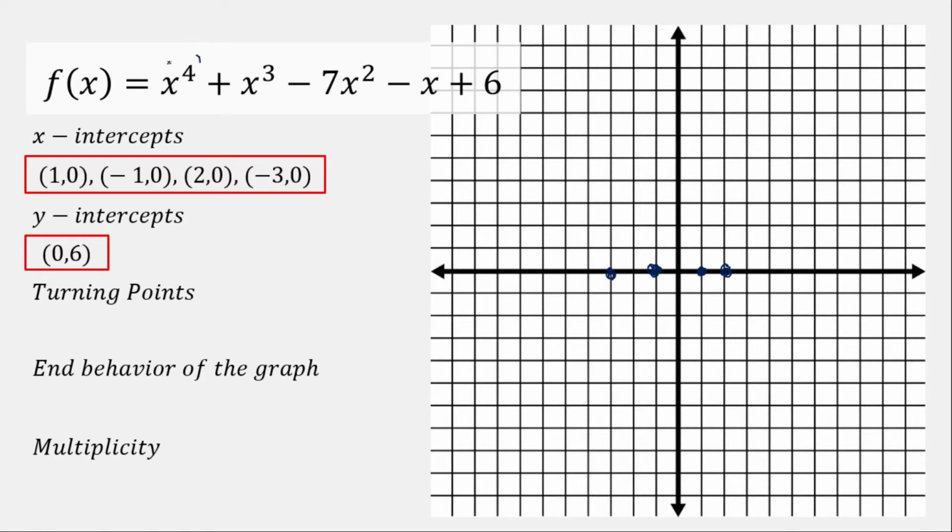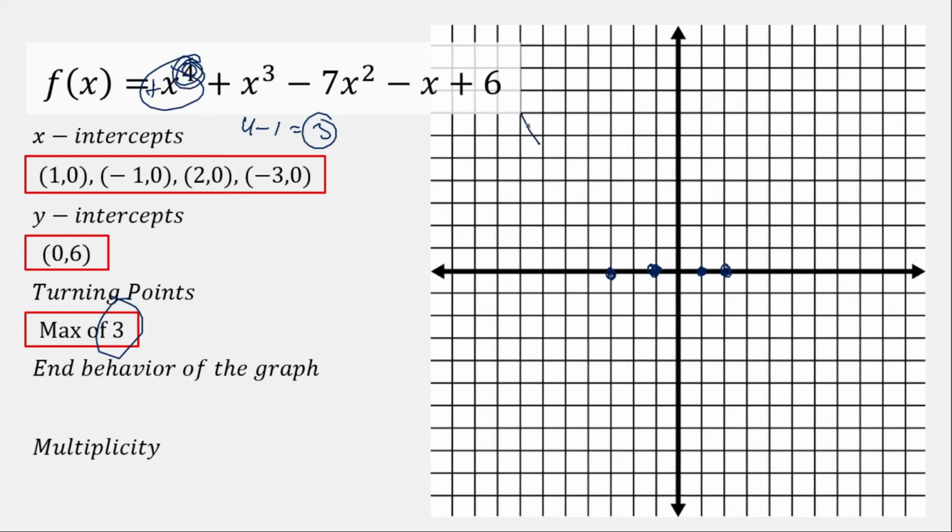Now let's look at our turning points. How many turning points do we have? To get the turning points, get the degree minus 1. So 4 minus 1 is equal to 3. So we have a maximum of 3 turning points. Now our end behavior is positive and even.